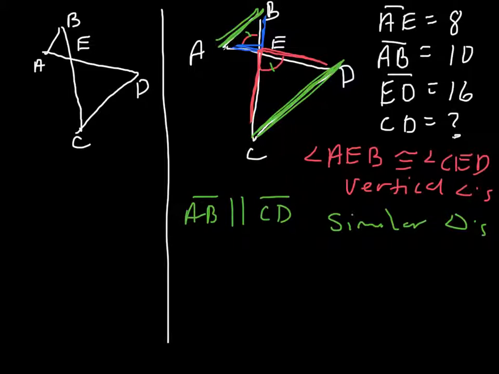So we have, here I see that I have AE is equal to 8. That means this one right here is equal to 8. So if I put small on top this time and big on the bottom, okay?